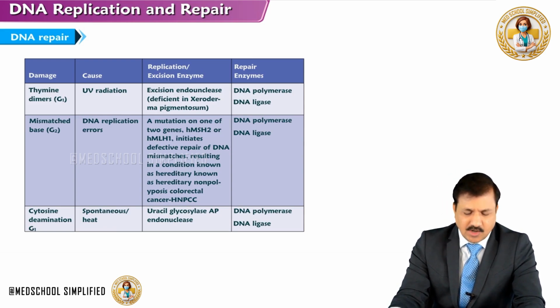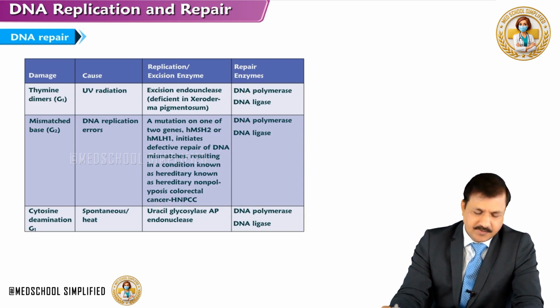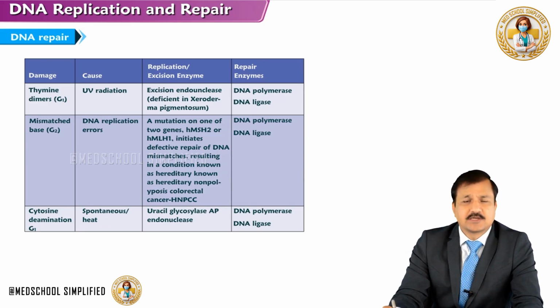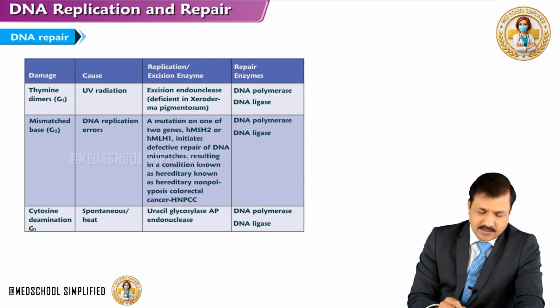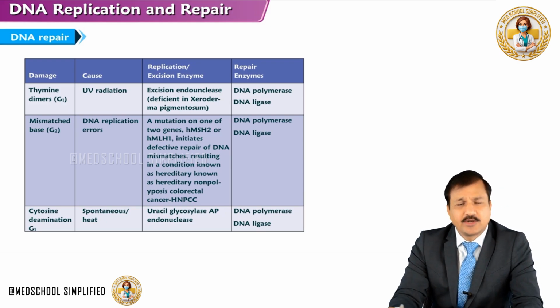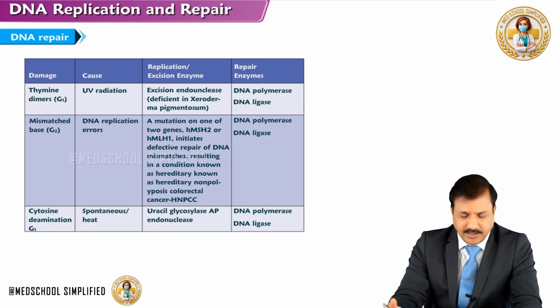The cause is given for each one of them. Thymine dimers are because of UV radiation, mismatched bases are because of DNA replication errors, and cytosine deamination may be spontaneous or due to exposure to heat.